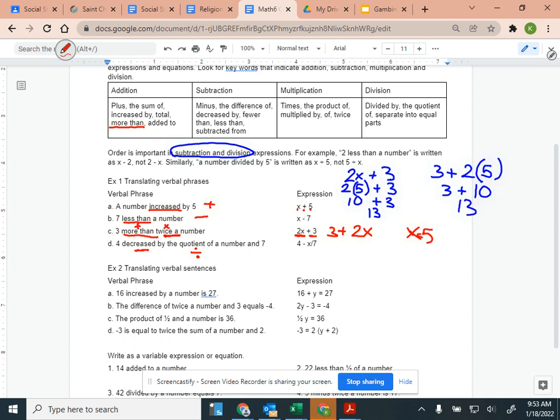So 4 minus the quotient of the number and 7. We have to be very careful when we're dealing with subtracting and dividing. We're starting with 4, and we need to subtract out that division problem. The number and 7, so it's the number divided by 7.